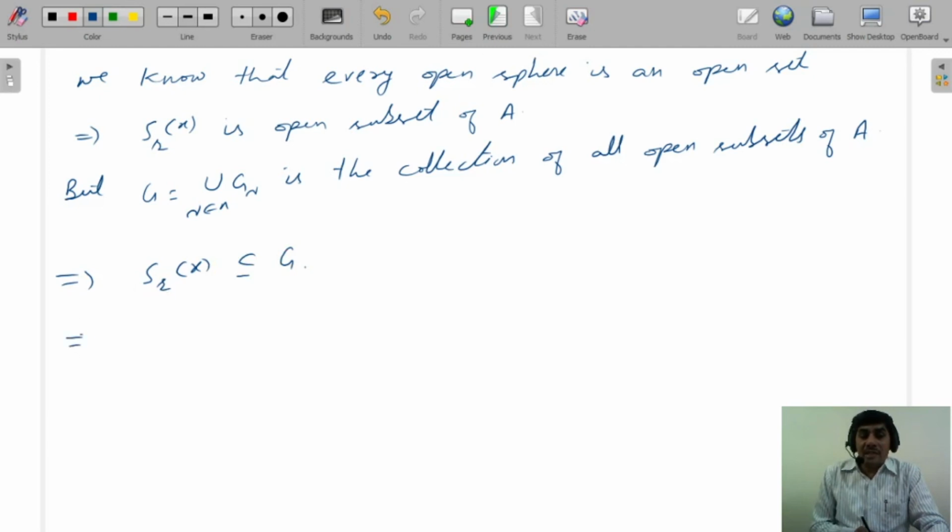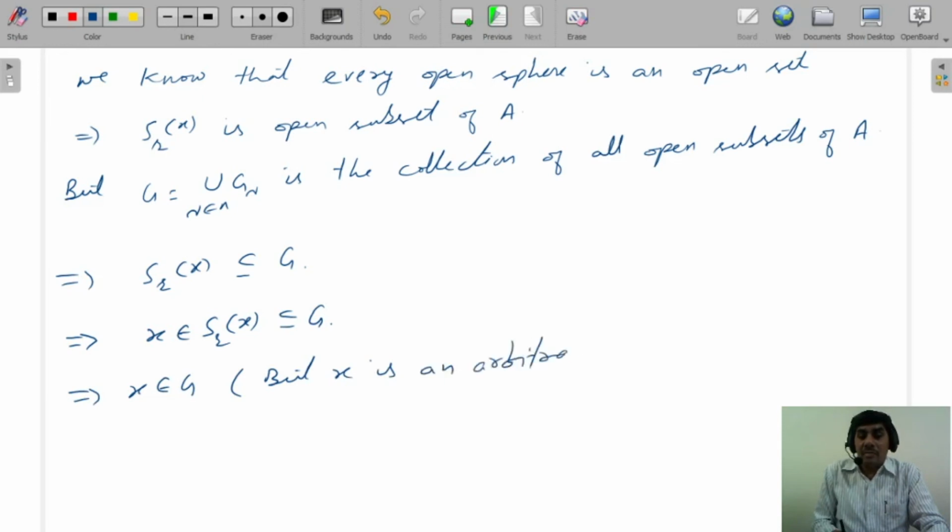This implies x belongs to the sphere centered on x with radius r, which is contained in G. This implies x belongs to G, but x is an arbitrary point of A interior.